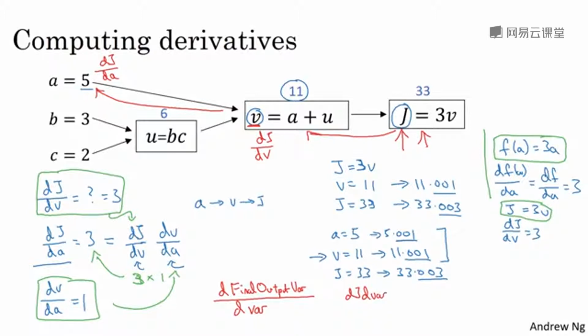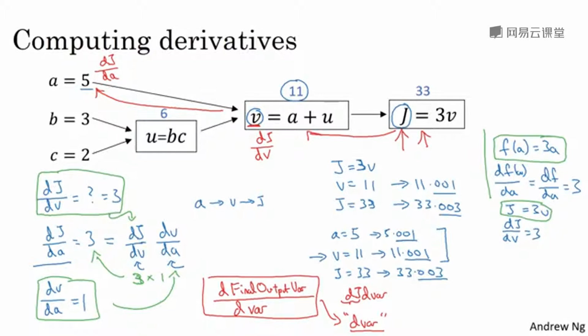But because you're always taking derivatives of this final output variable, I'm going to introduce a new notation where, in the code you write, we're just going to use the variable name dvar to represent that quantity. So dvar in the code you write will represent the derivative of the final output variable you care about, such as j, or sometimes the loss L, with respect to the various intermediate quantities you're computing in your code.